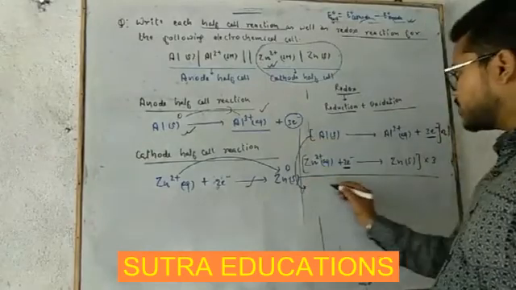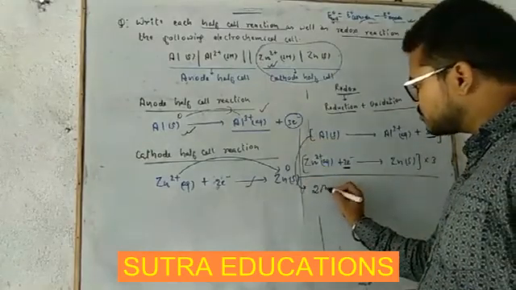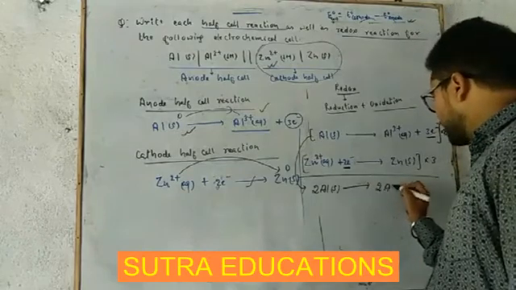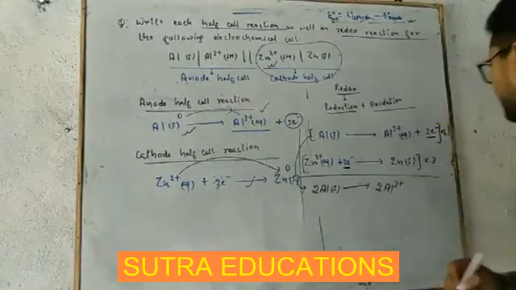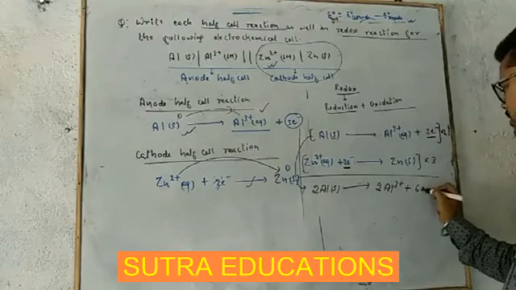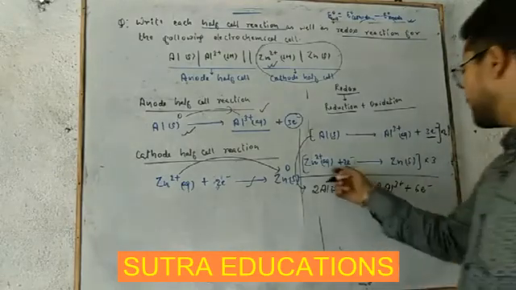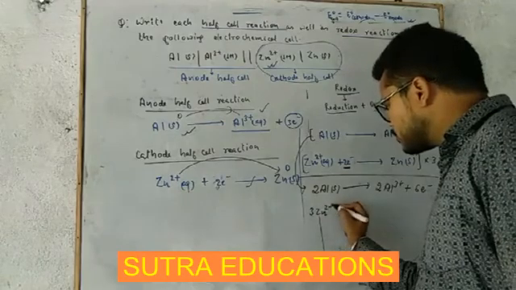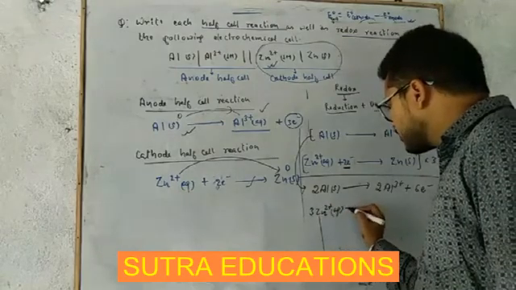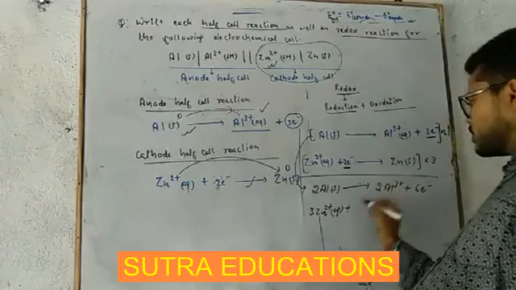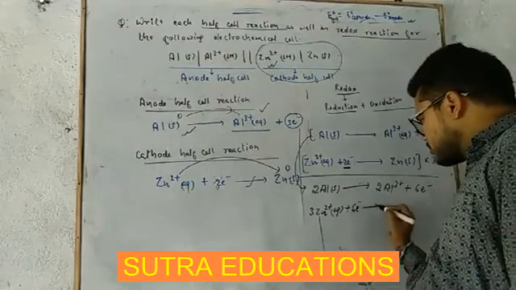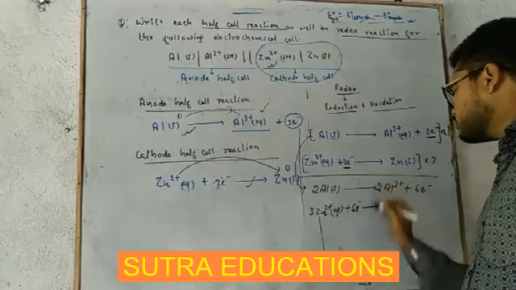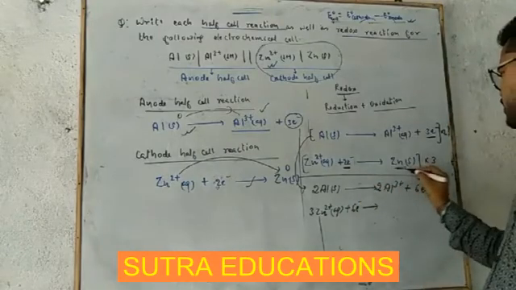After multiplying by 2, it becomes 2Al solid to 2Al3+ plus 6 electrons. It will become 3Zn2+ aqueous plus 6 electrons to 3Zn solid.